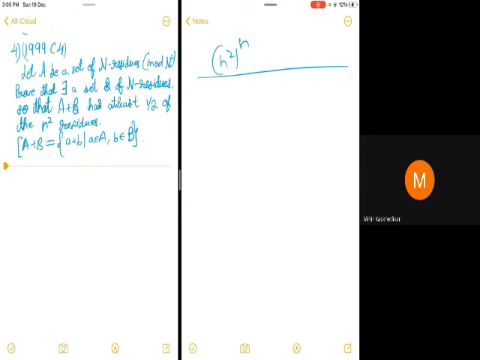Do you see how we will be applying our indicator function idea in this? We need to calculate an expectation of this form: the expected value of the number of elements I belonging to 1, 2, till n square, such that I also belongs to A plus B. Is this clear?